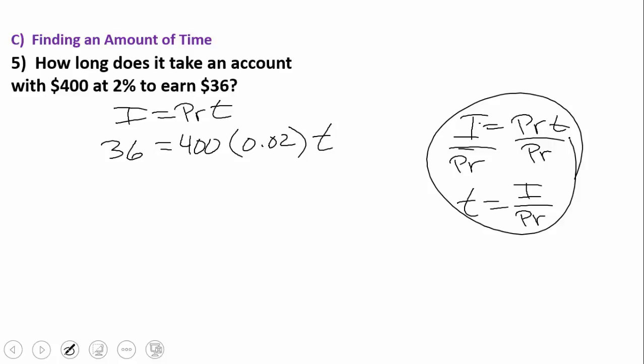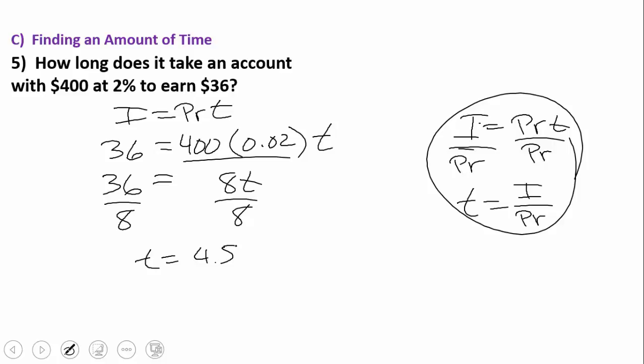So when I multiply those two numbers, 400 times 0.02, I end up with 8. So 36 is equal to 8t. And when I divide by 8, t is equal to 4.5. That means 4.5 years.